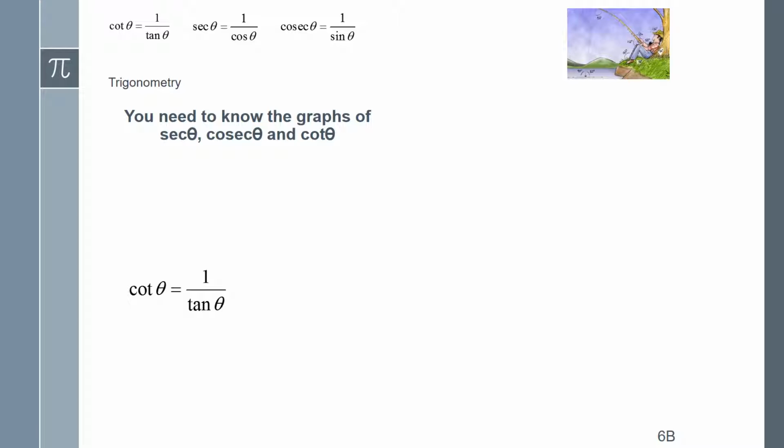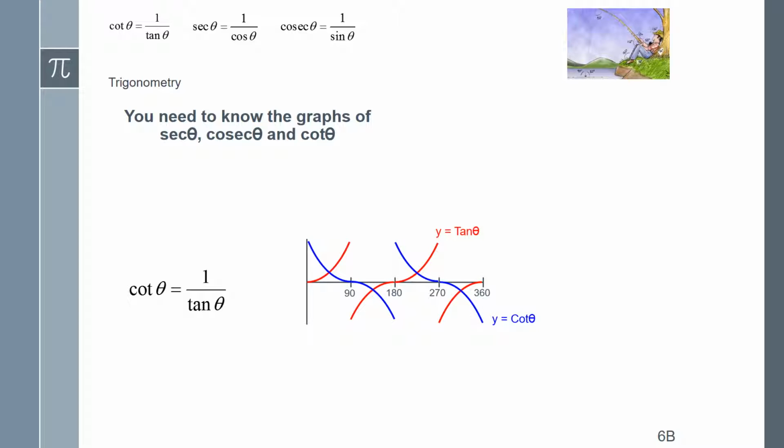Cot theta is 1 over tan theta. Tan is a bit different, remember? And cot theta looks like that, because what's going on here is at that point there, which is 45, that's where tan theta is equal to 1, so cot theta would also be equal to 1 at that point there.